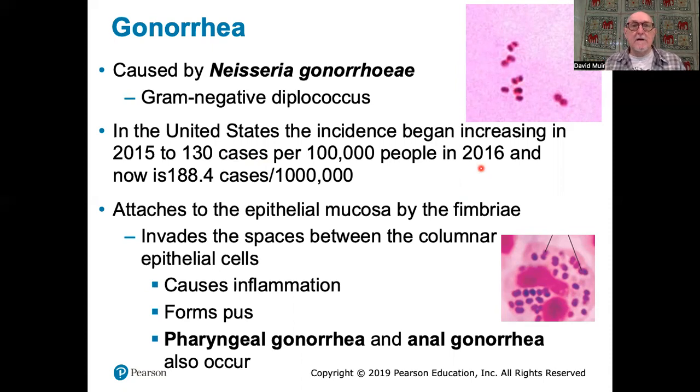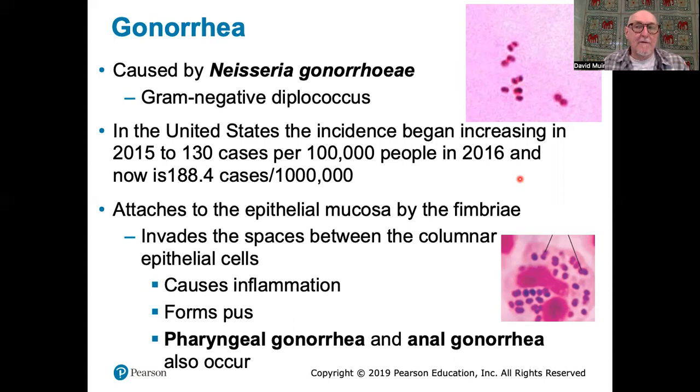So Neisseria gonorrhoeae infects the epithelial cells of the genital tract. Initially, it just infects epithelial cells in the lower part of the genital tract. But after time, it may spread, and it may spread widely.